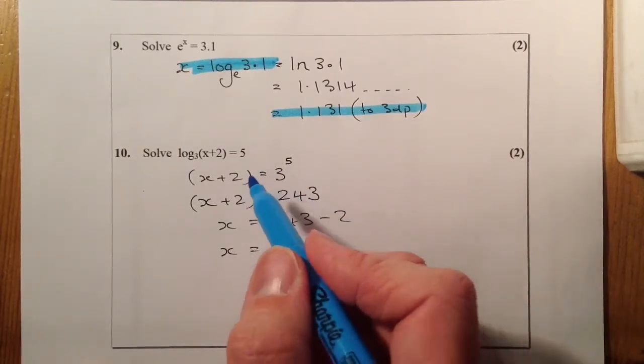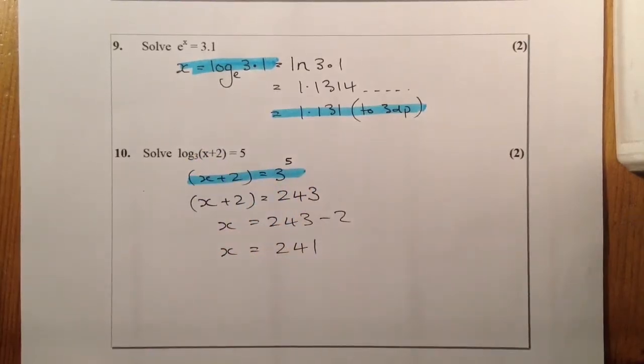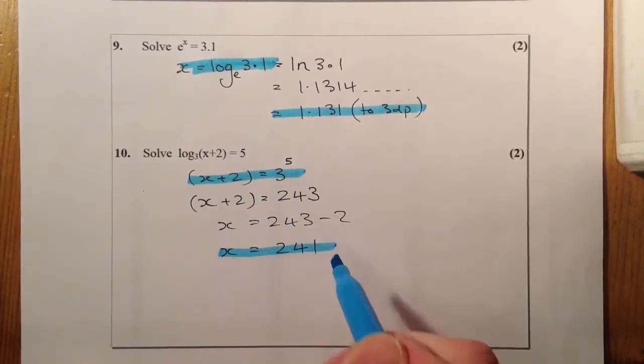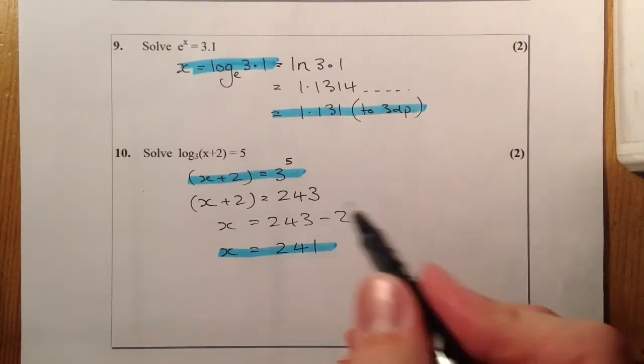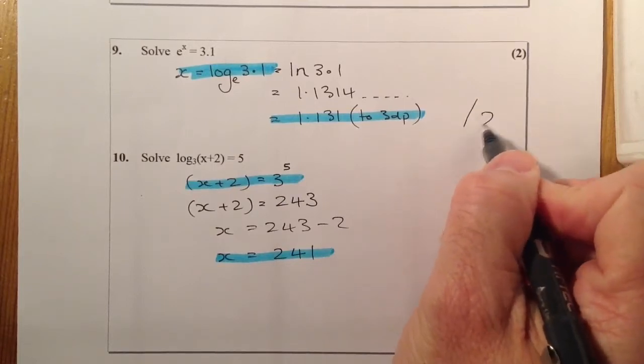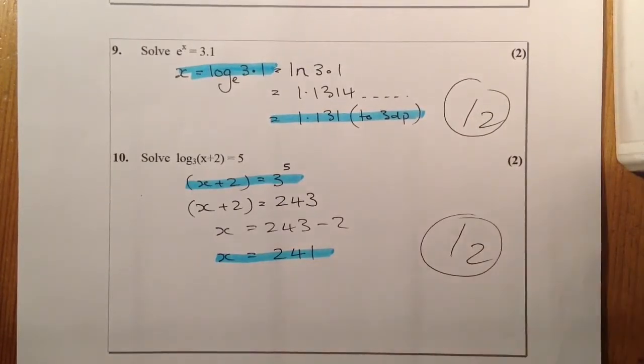For this one here, first mark for converting from log form to the exponential form, which is this mark here, and the final mark for getting this answer here. Okay, so question 9 out of 2, and question 10 also out of 2. So what we've got there is a total of 9 marks. You need 6 to pass this outcome. So good luck.